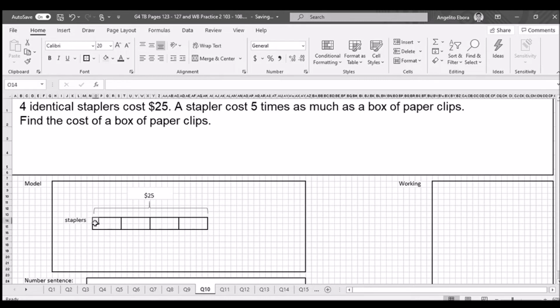So one stapler costs 5 times as much as a box of paper clips. Okay, so this one is one box of paper clips. So it says 5 times. So 1, 2, 3, 4, 5.